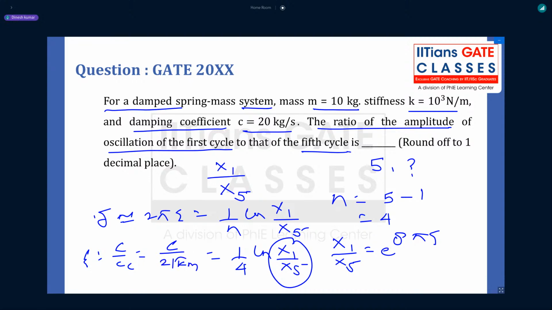So guys, you can substitute zeta here, and you can write e to the power 4 pi upon under root km. So guys, find out the value of x1 by x5 in this case. Any doubt or any concern, guys?